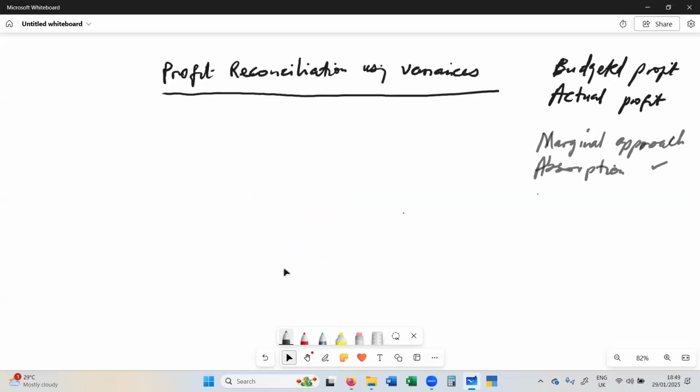You see, so when we want to do profit reconciliation, we can either use the marginal approach or the absorption approach.